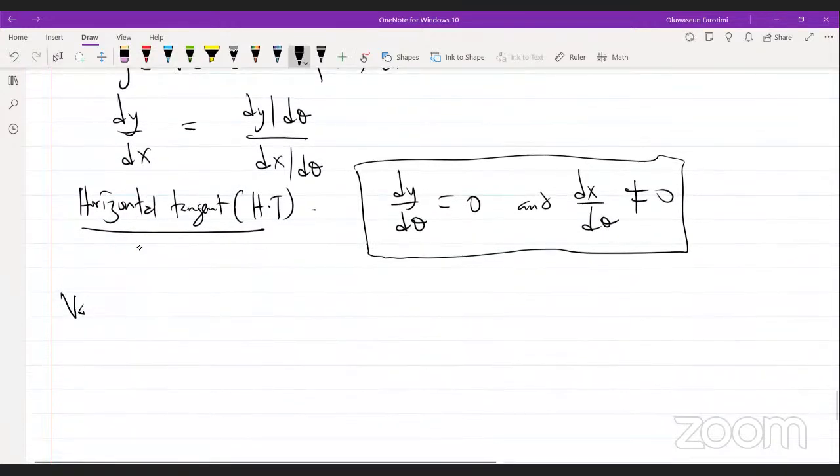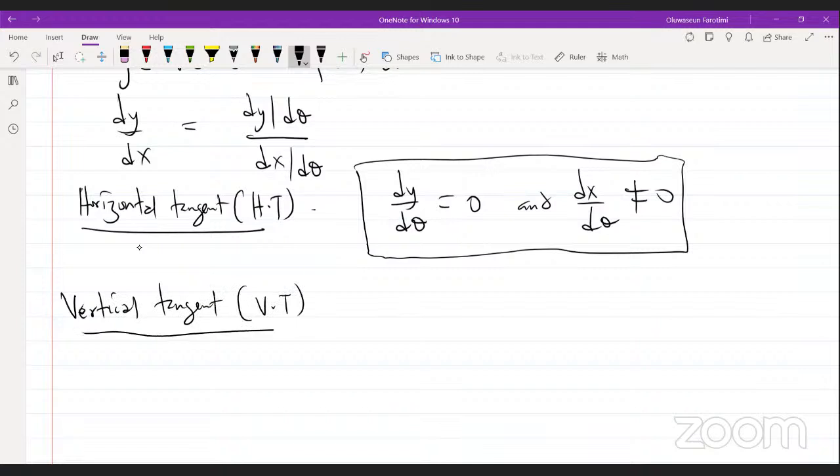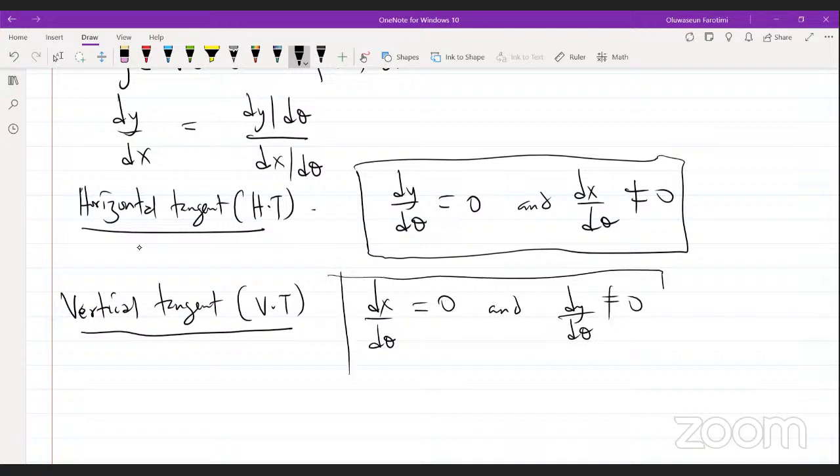What about vertical tangent? Call it VT. Vertical tangents, this guy has to be 0, and this guy on the top has to be different from 0. So I'm not going to do any example on this. It's the same principle that we learned already in 10.2.